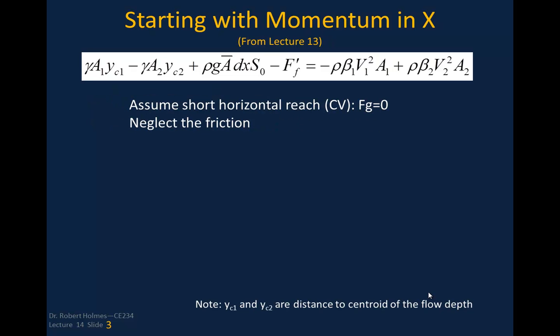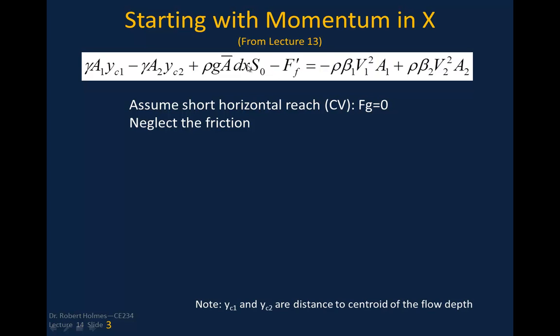Carrying over from our equation that we had in lecture 13 for the momentum in the x direction, you'll see on the left side we have the forces in the x direction. On the control volume, you have the pressure force on the upstream side, and you have the pressure force on the downstream side.